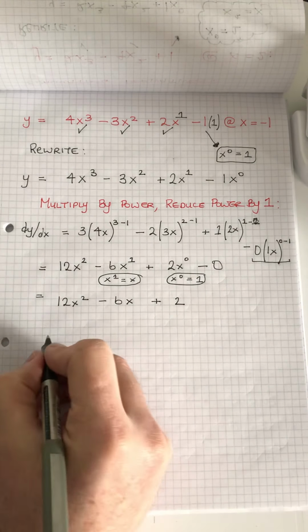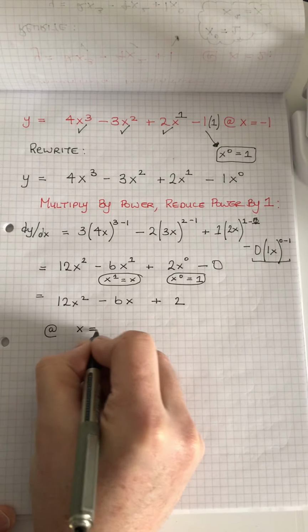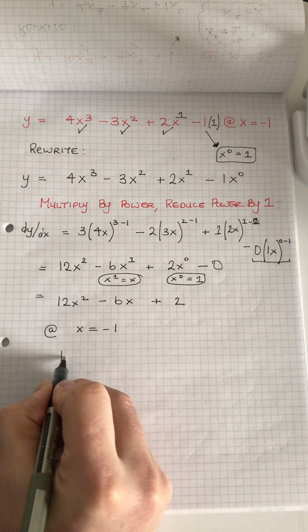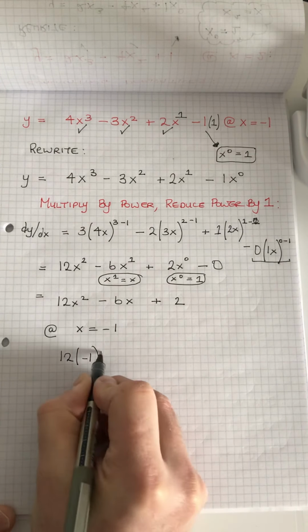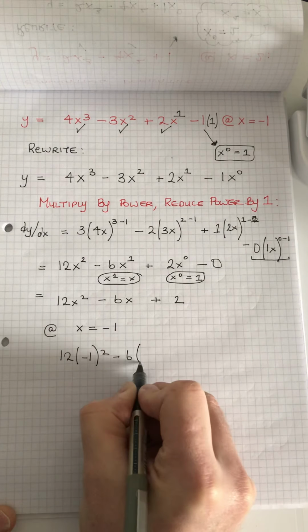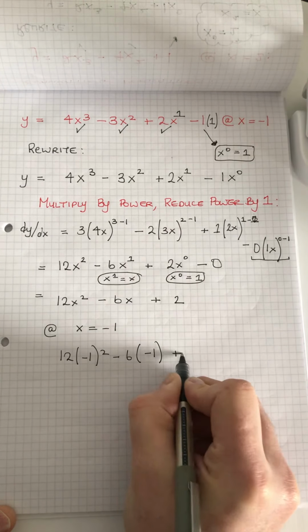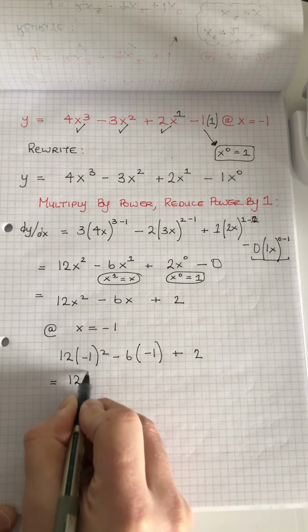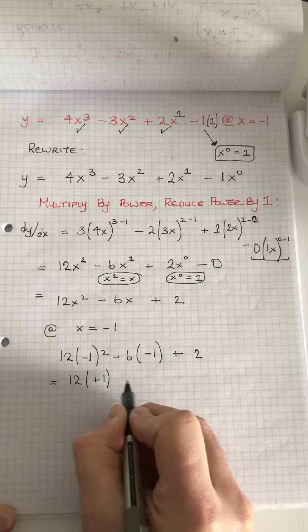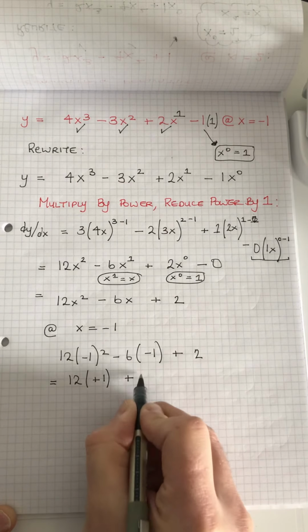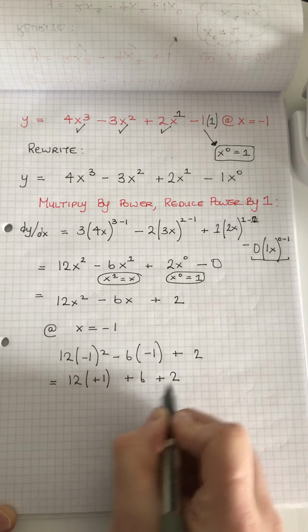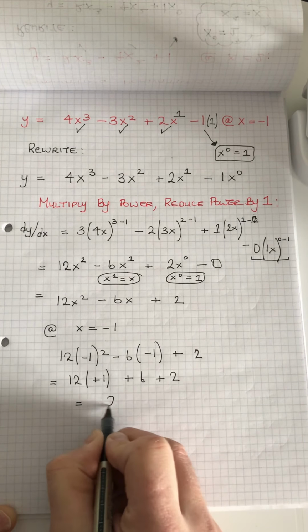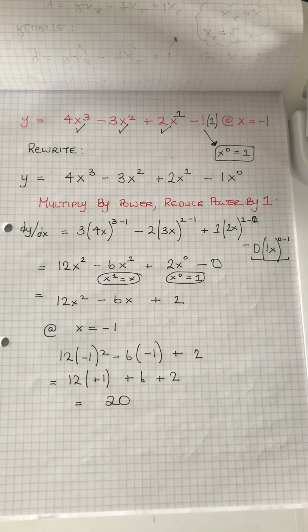Now we're going to substitute at x equal to minus 1. 12 times minus 1 squared minus 6 times minus 1 plus 2. So 12 times minus 1 squared is plus 12. Two minuses give me plus 6 plus 2, which is equal to 20. Okay?